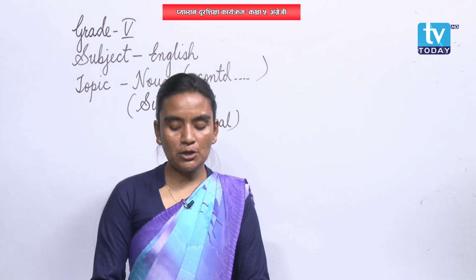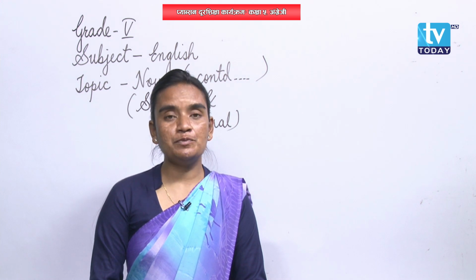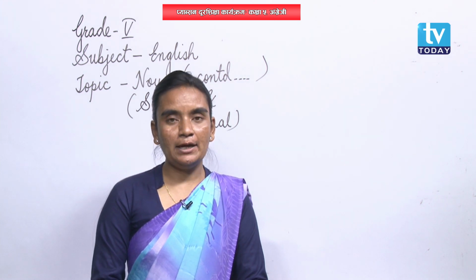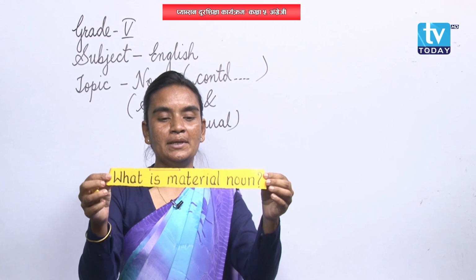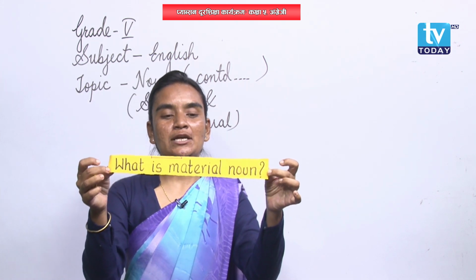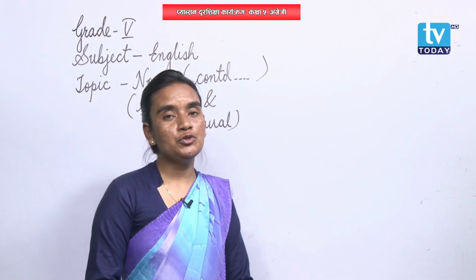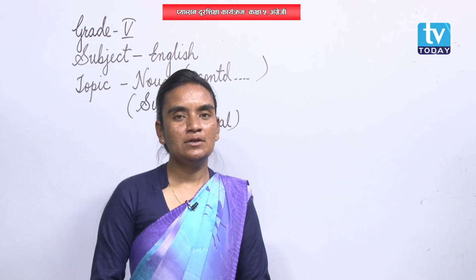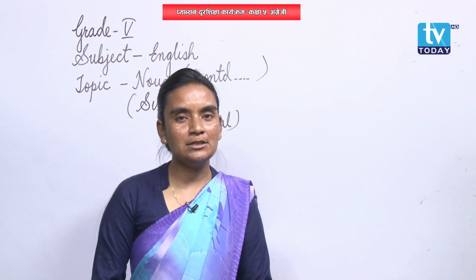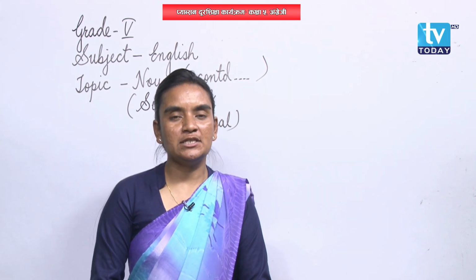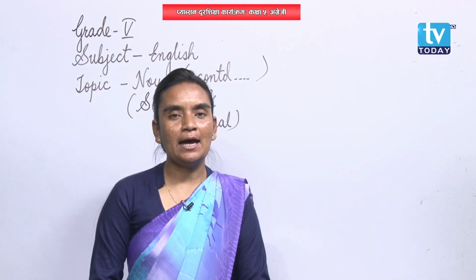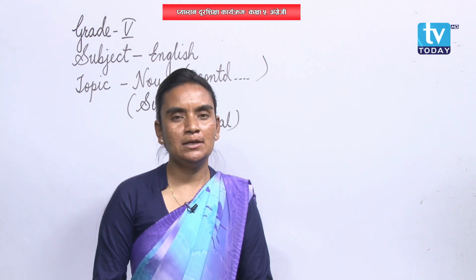Beside that, let me go for the next question from this ball. Dear children, you can see here: what is material noun? Material noun denotes those names which are matters or substances. For example, we have gold.